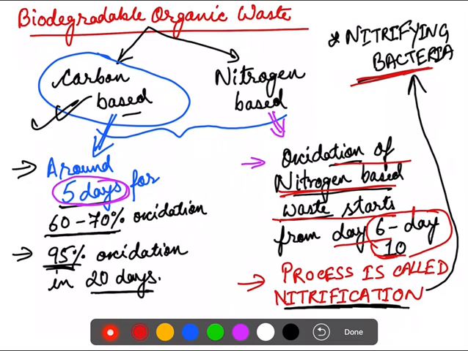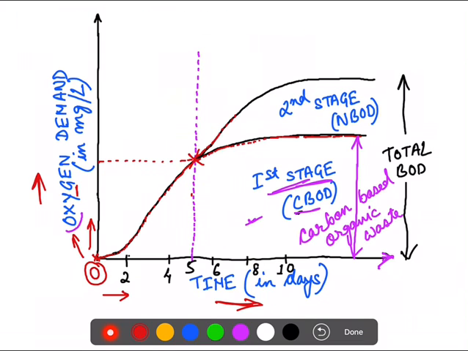You go to this graph again, from day 0, let's say day 2, day 4, day 5. The growth rate of nitrifying bacteria is very slow, and only nitrifying bacteria can do nitrification. Hence their oxygen demand is not visible from day 0 to day 5.